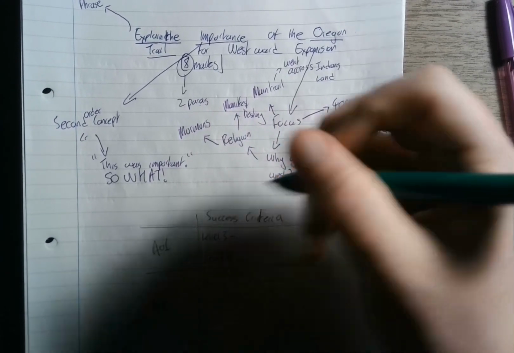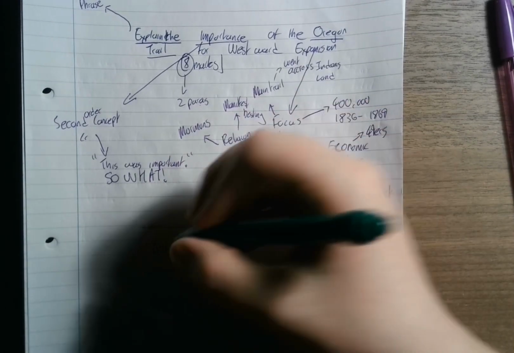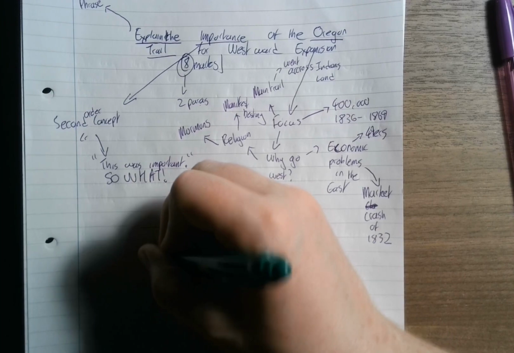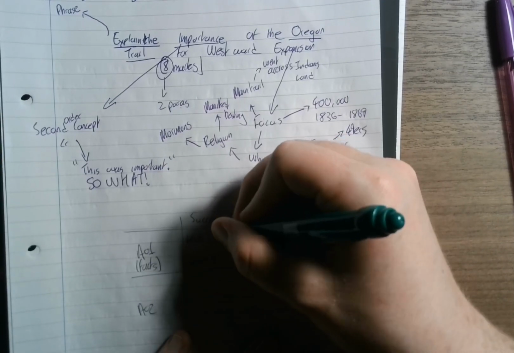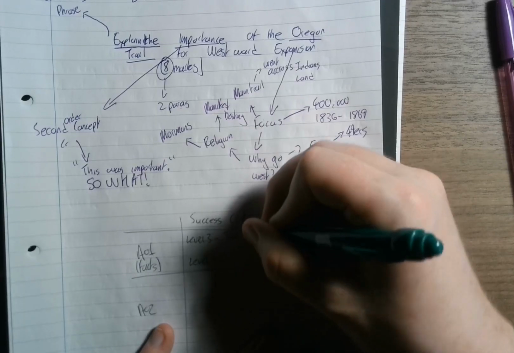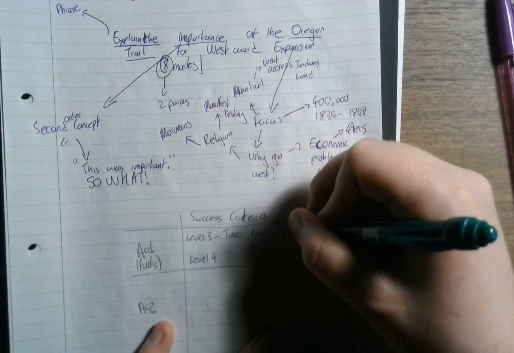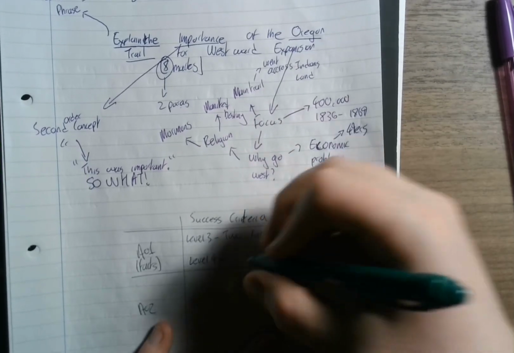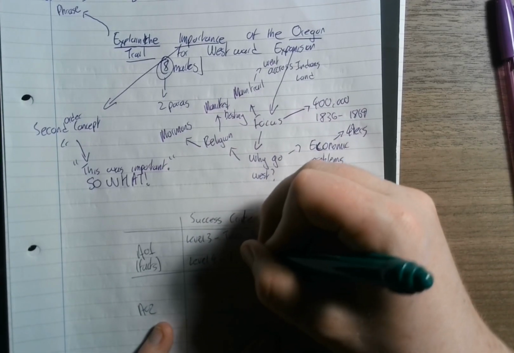And level 4, again, it's the quality of your answer. There is level 1 and level 2, but I'm not interested in those. For AO1, that's your facts and your knowledge. What you must have is 2 facts a paragraph. And for level 4, you must have precise knowledge.